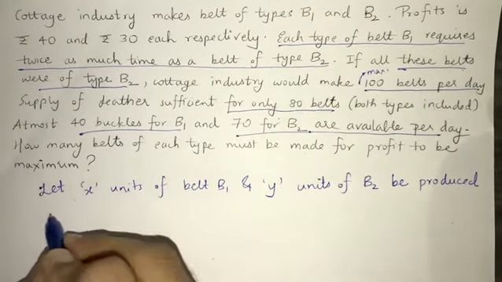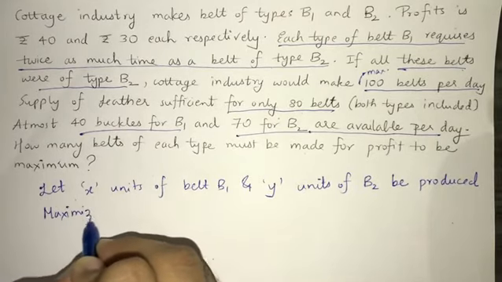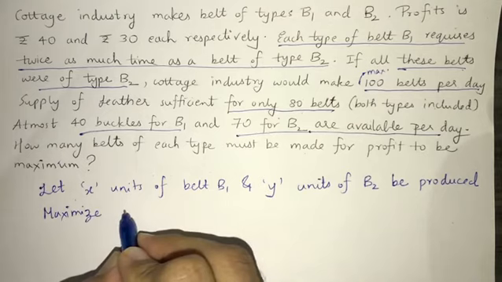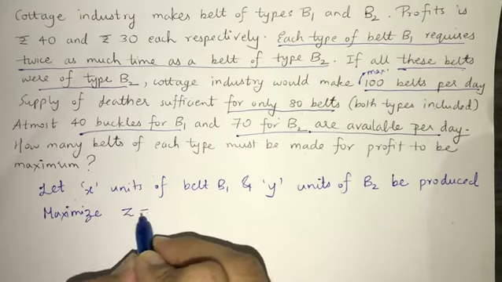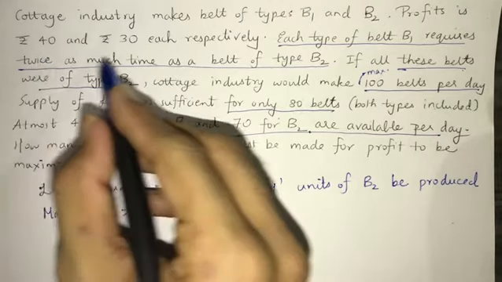Okay, so we have to maximize the profit. I am writing in short, maximize Z equal to, directly I'm writing the objective function, 40x plus 30y.